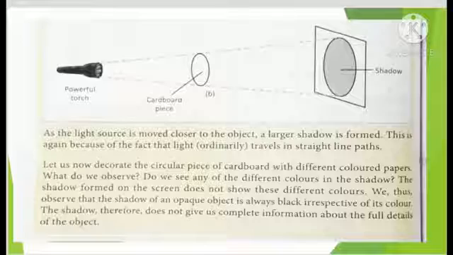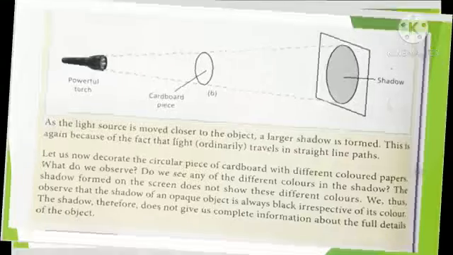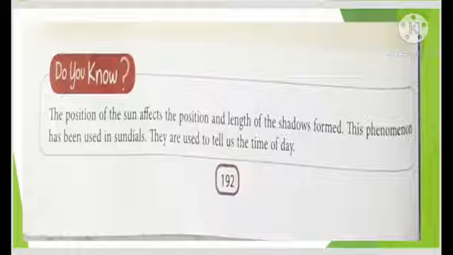Now we are going to discuss the do you know given at page number 192. The position of the sun affects the position and length of the shadows formed. This phenomenon has been used in sundials. They are used to tell us the time of the day.